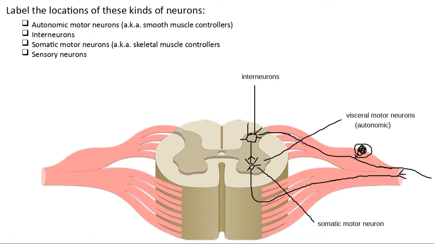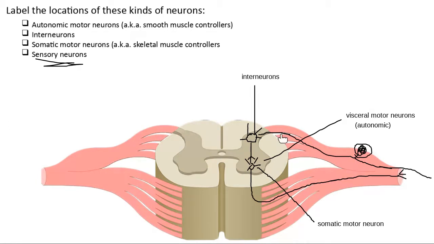So this is a little bit tricky because we're going to do an application thing here in a moment. Technically speaking, sensory neurons do not live in the spinal cord. When I say live for a neuron, I'm meaning that it's where their cell body's found. Sensory neurons live in the dorsal root ganglion.